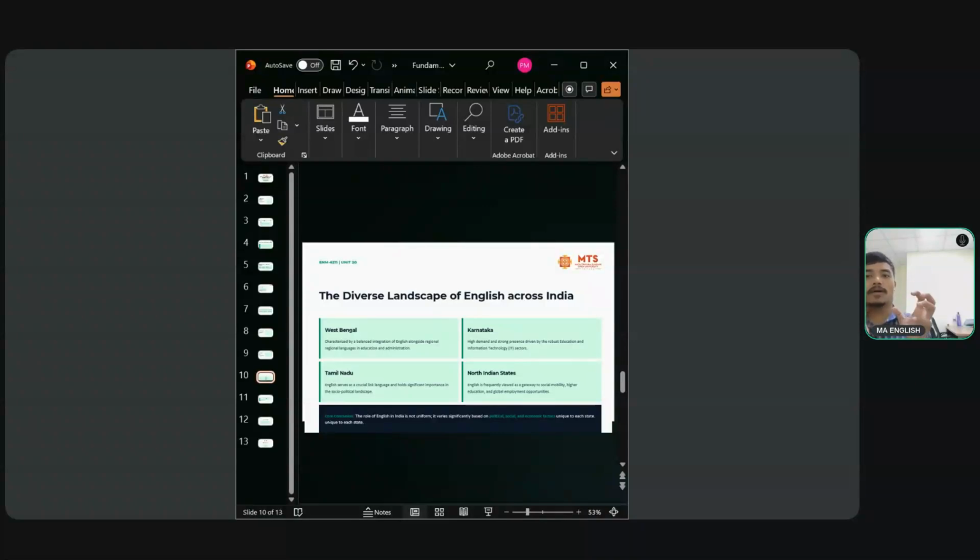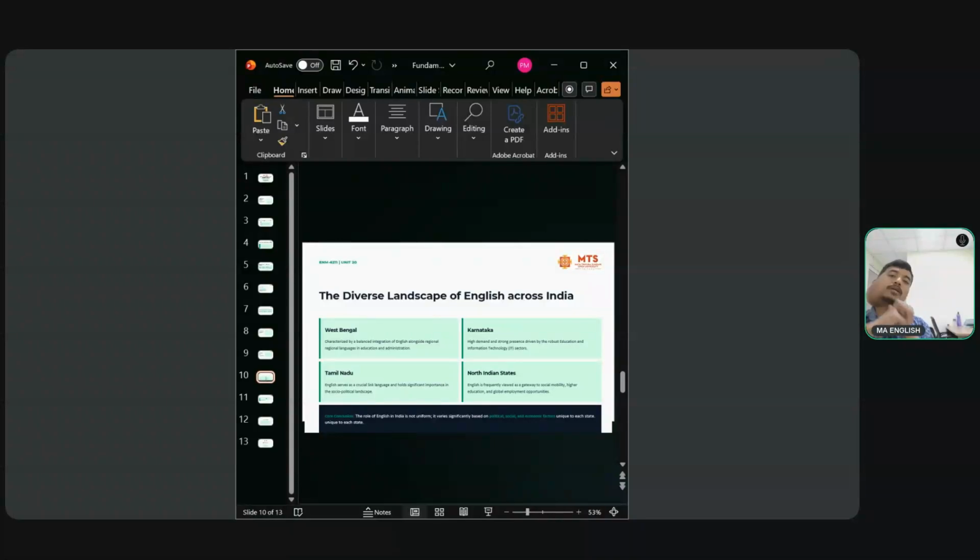Bengaluru is the tech capital of India, home to thousands of multinational companies. English is essential for professionals in such an environment. So the demand for English is not just academic; it is directly tied to economic opportunity.